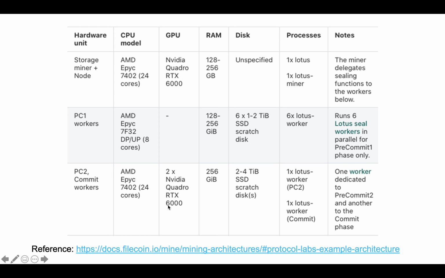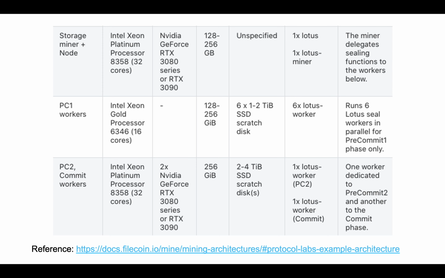There are 2 GPUs, and apparently one is for PC2 and one is for C1 or C2. The second one is exactly the same architecture, but uses Intel machines instead. Also, one machine for miner and Lotus node, one machine for PC1 jobs only, and another machine with 2 GPUs for the other jobs.